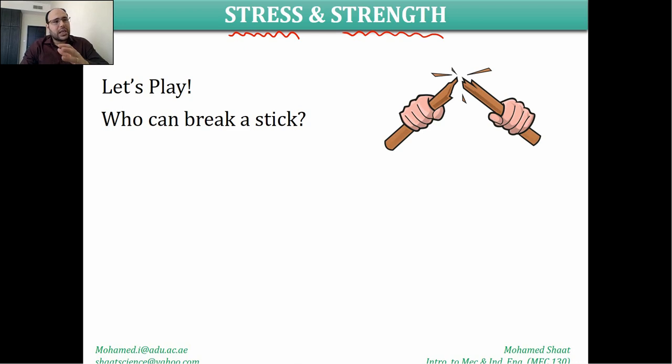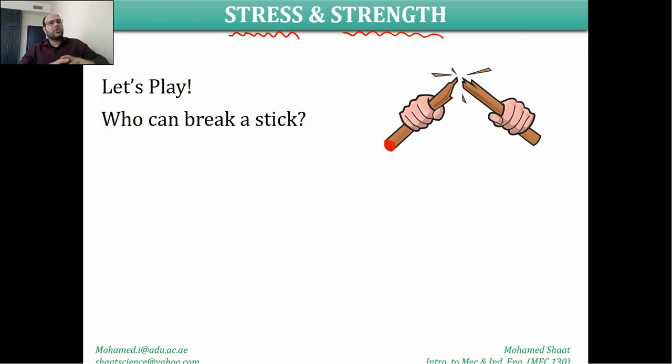Initially, I'm just going to give you a very thin stick, where the circular diameter of this stick is very small. Then I ask you to break it. It will be broken, right? Very simple. Once you bend it, it will be directly broken, no problem.